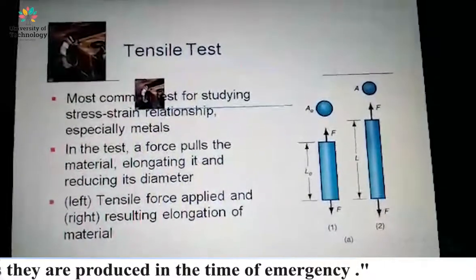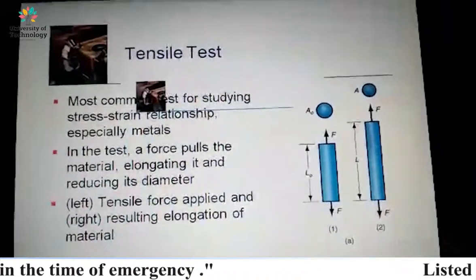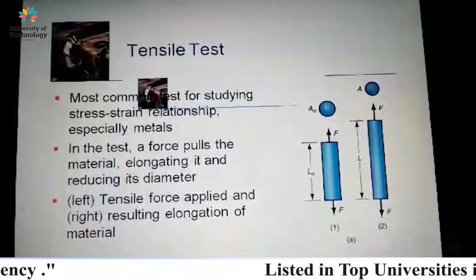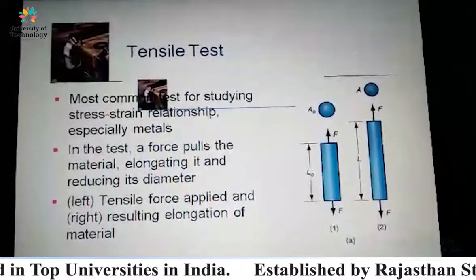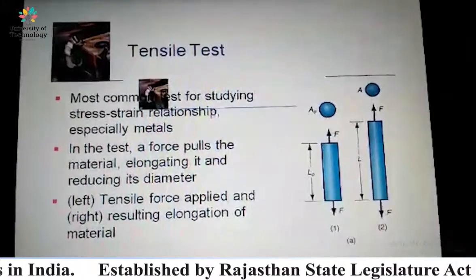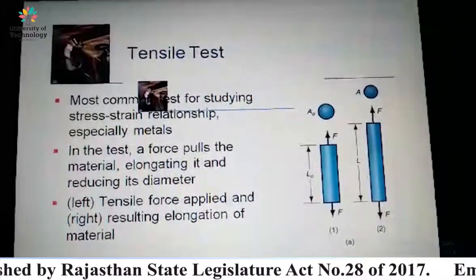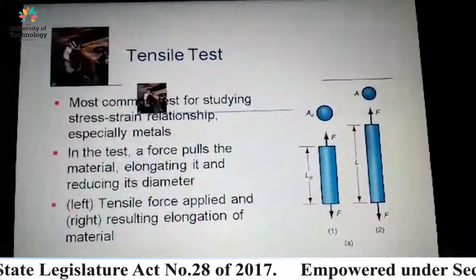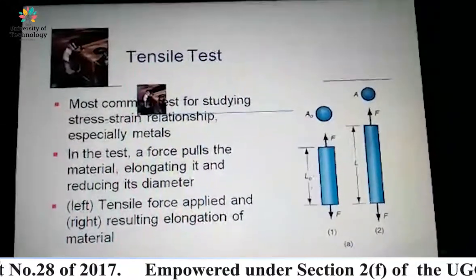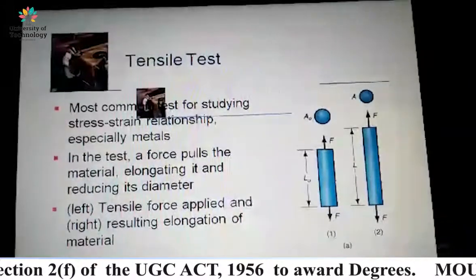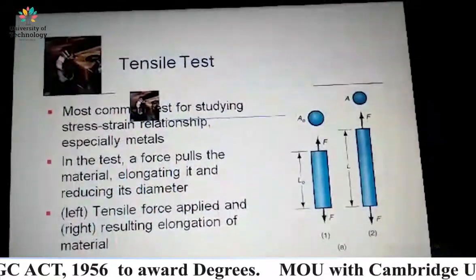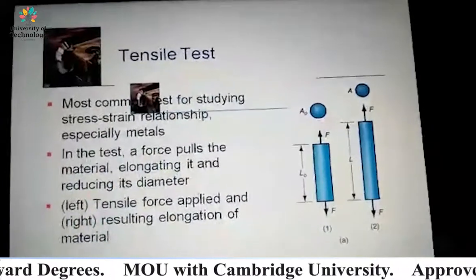The first is the tensile test. This is the specimen of the tensile test. You can see it in the diagram. The most common test for studying the stress-strain relationship, especially for metals. In the test, a force pulls the material, elongating it and reducing its diameter, right?